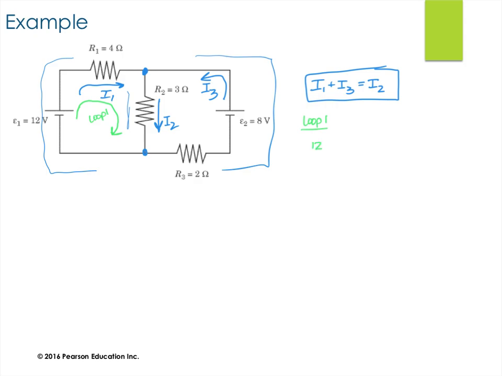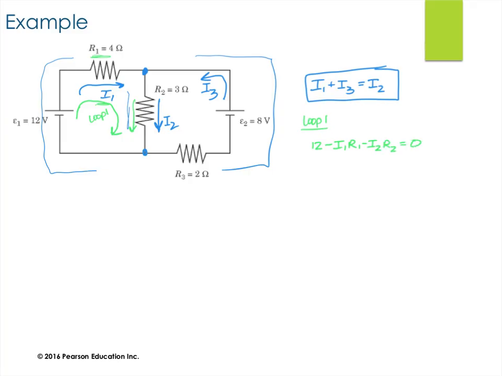Then I go through R1. I'm going in the same direction as the current, so that's a loss, and it's I1 times R1. Then I go down through the middle. I'm going with the current again. This time the current's I2, and the resistor's R2.